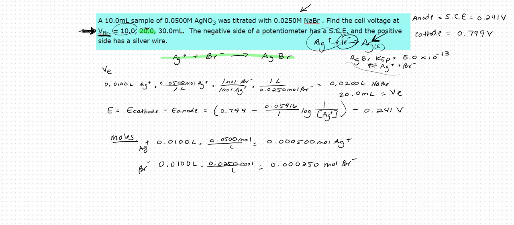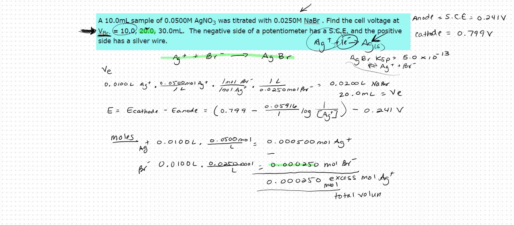Well, this is our limiting amount of moles. So I'm going to subtract the moles of bromide from the moles of silver, and that's going to give me the excess moles of silver. And that is 0.000250 moles of excess silver. So I need to take that and I need to divide that by the total volume.